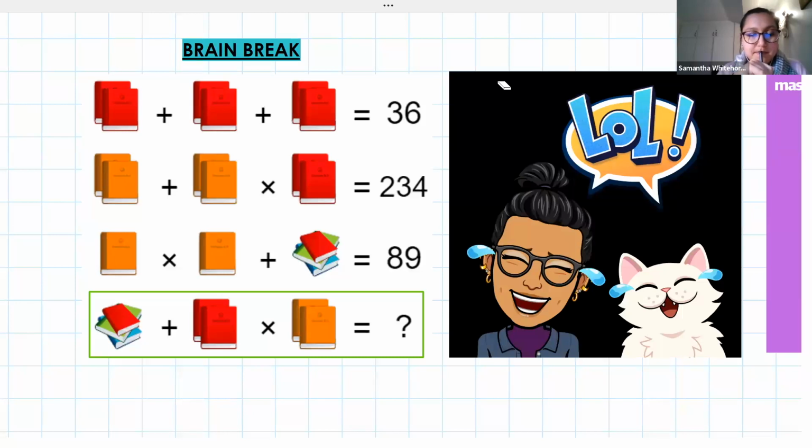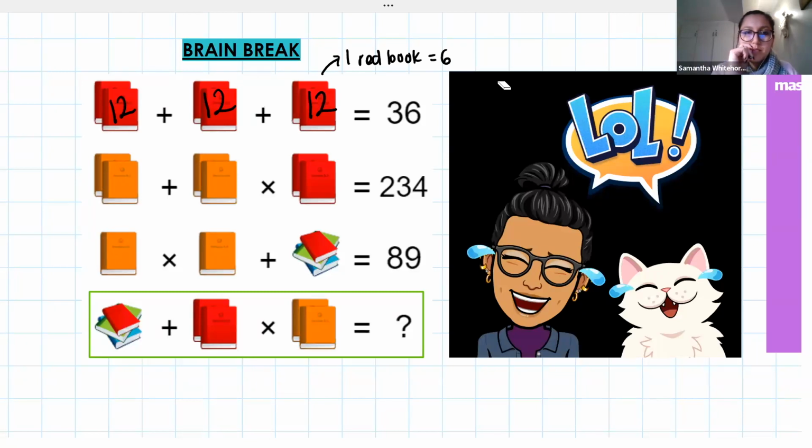So I said 10 times 3, which would equal 30. But then I said 12 plus 12 plus 12, which equals 36. Then I saw one red book would have to equal 6.